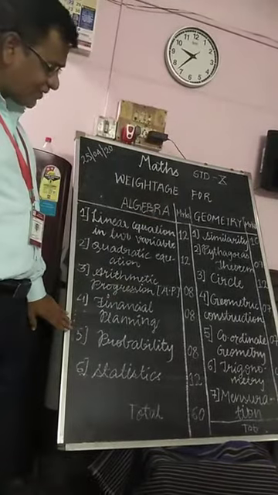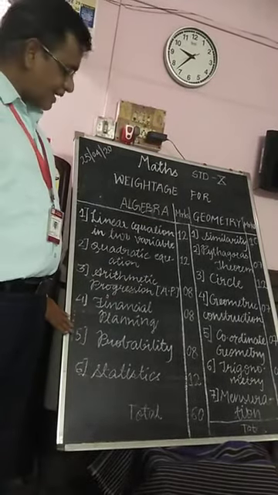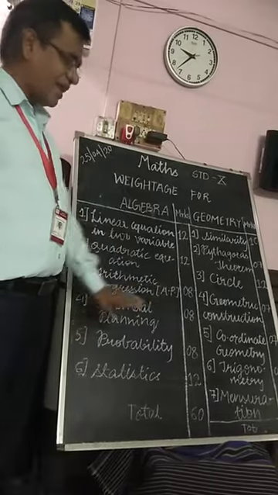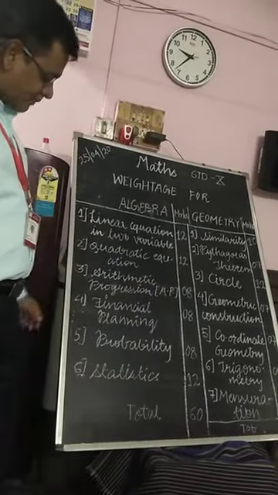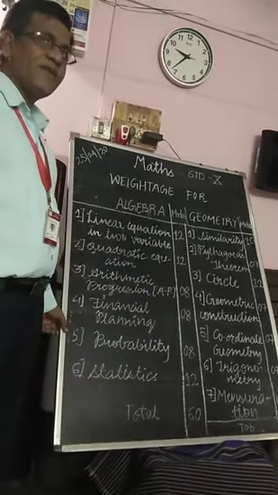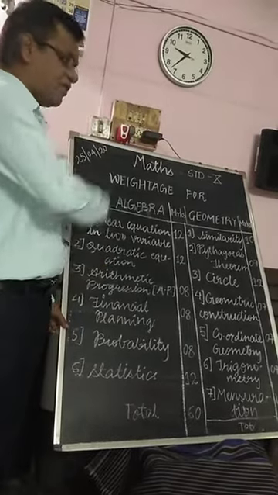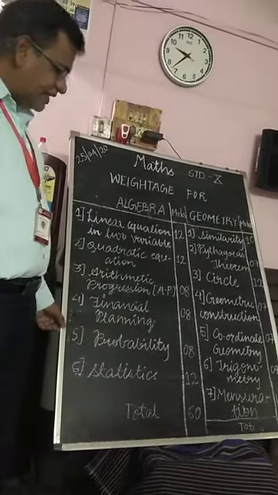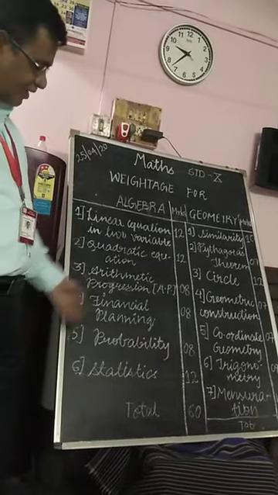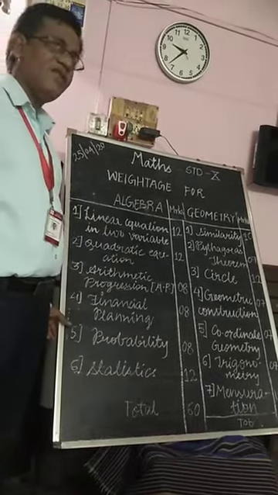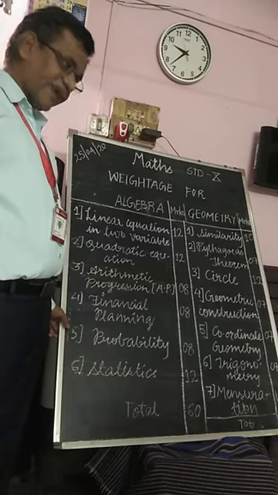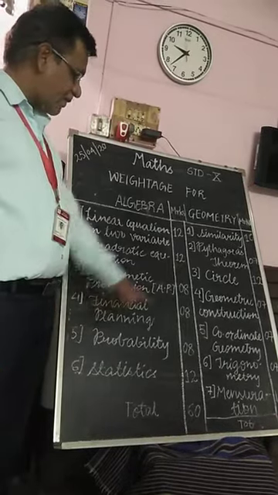The first method is called the direct method, and by this method you can find the mean. The second method is called the assumed mean method. By using this method also you can find the mean. And lastly, the very important method, that is called the step deviation method, and in that method you can find the mean.